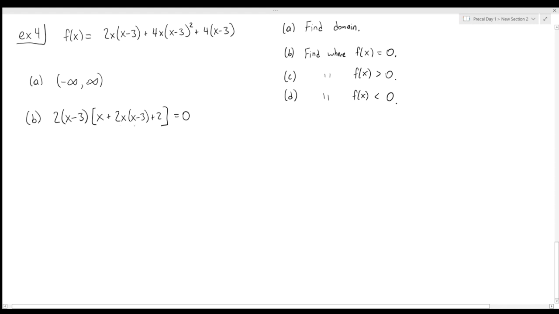Then we'll want to simplify the expression in the brackets a little bit. If we distribute the 2x, that's 2x squared minus 6x, but plus x. So actually, let's make that minus 5x. And then we had a plus 2.